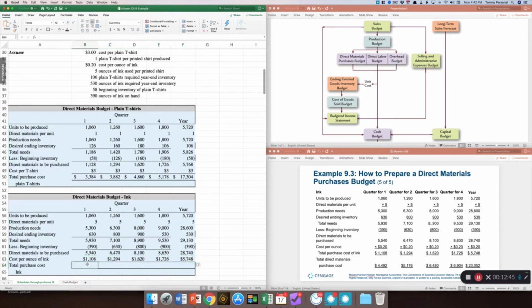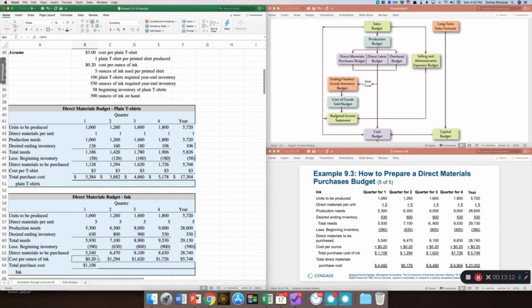And so our total purchase cost for the ink then, wait a minute. I'm sorry, I went a little bit crazy there. So this is supposed to be the 20 cents per ounce. I did the calculation. I took a step off. Sorry about that. So we're going to make that blue.